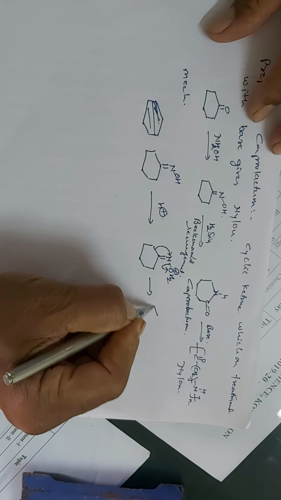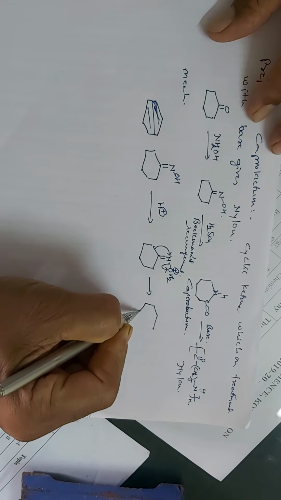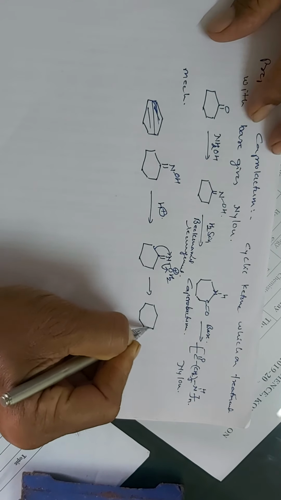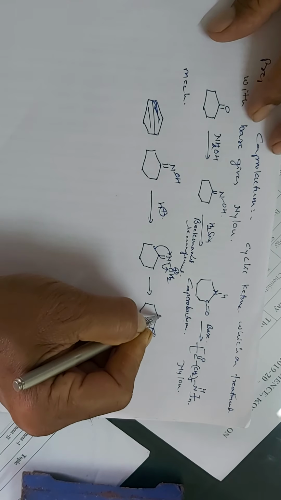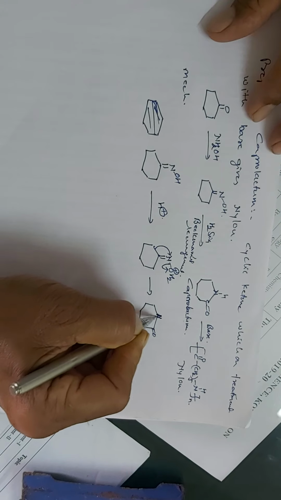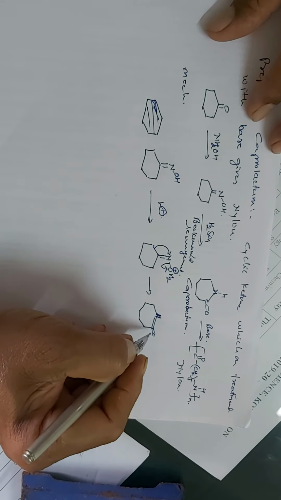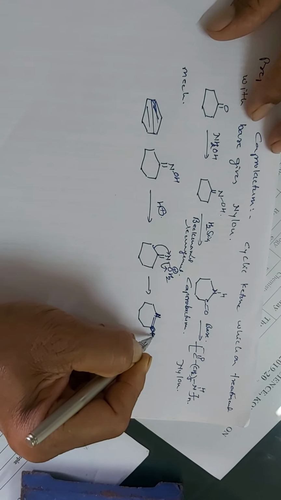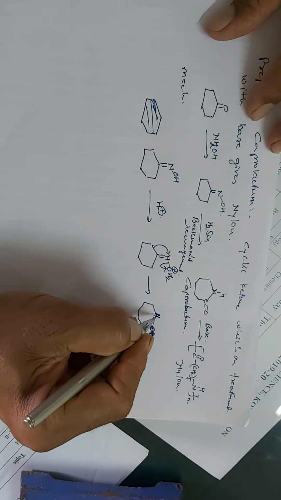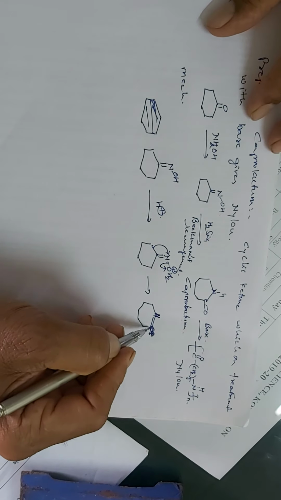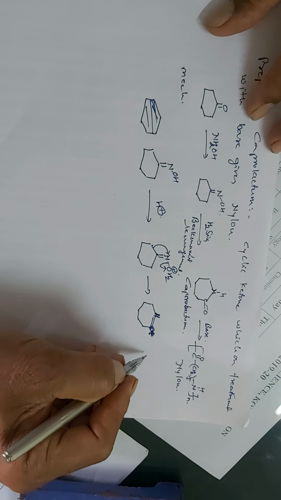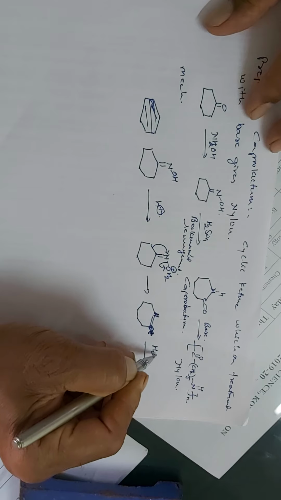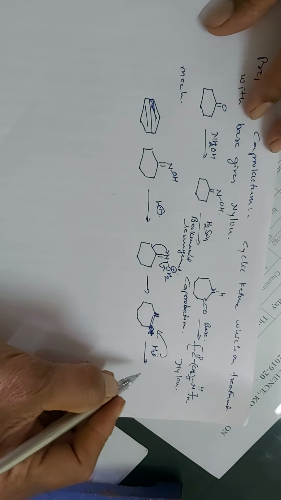You get the formation of a 7-member ring here. Here it is N double bond C, and this carbon is electron deficient. The electron deficient nitrogen is converted to an electron deficient carbon, and this electron deficient carbon reacts with a water molecule.